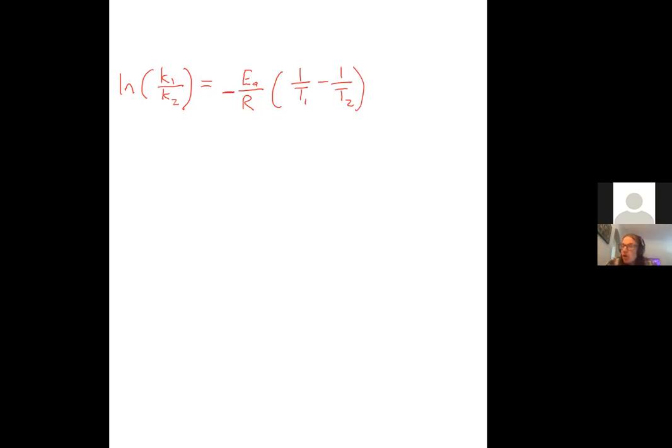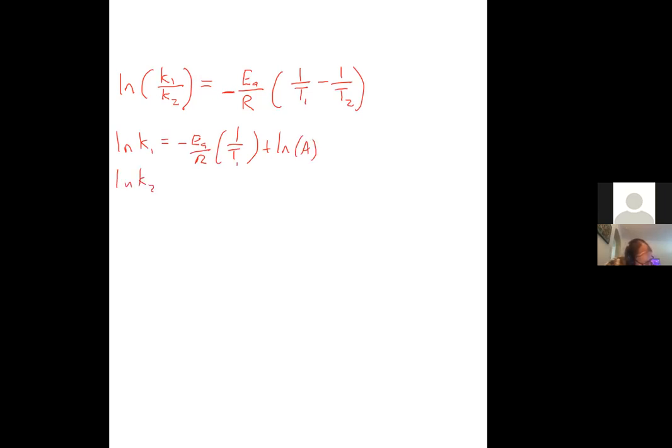There you go. All right. So this is an alternate form of the Arrhenius equation. It's done by doing this. ln K1 equals minus E sub A over R times 1 over T1 plus ln of A. And then taking another version at a different temperature.